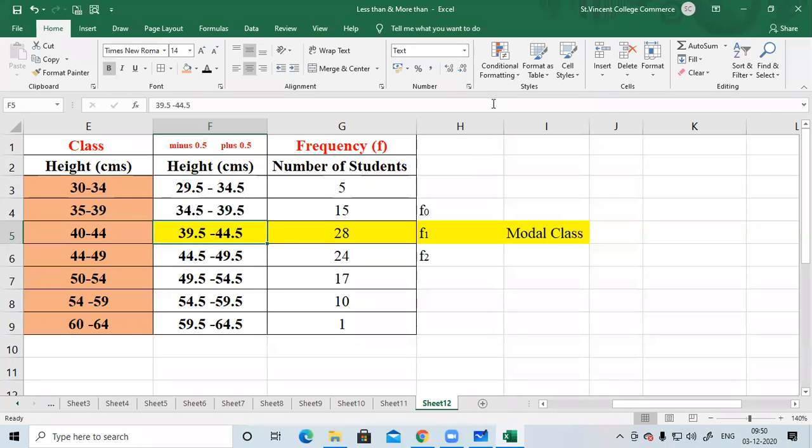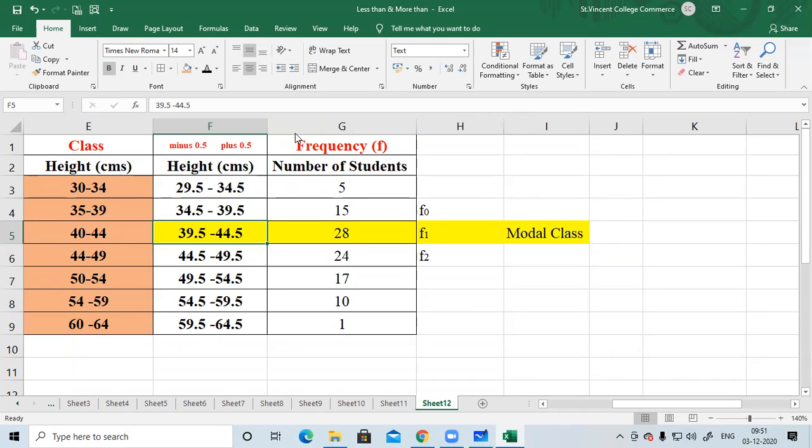Now, if you look at the discontinuous class, as I said, class interval is upper limit minus lower limit. But if you do it on a discontinuous class, your answer will come as 4, because this is inclusive, so it will be wrong. However, if you check in a continuous class, it is 34.5 minus 29.5, so the answer here will come 5.